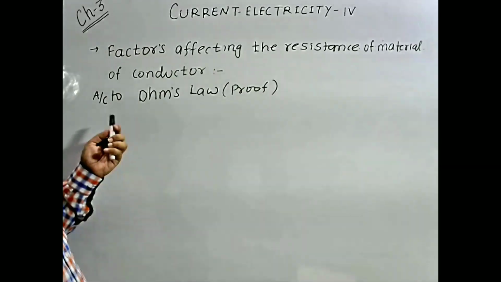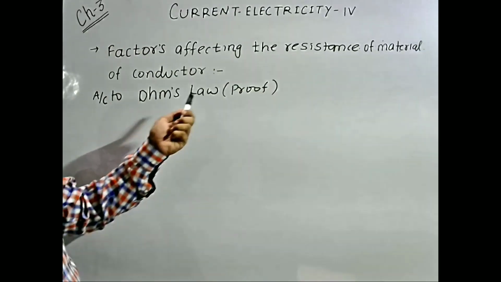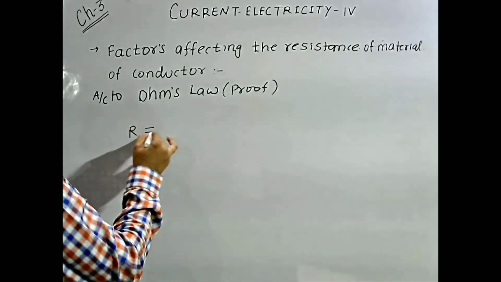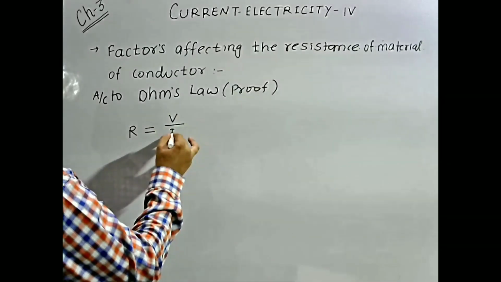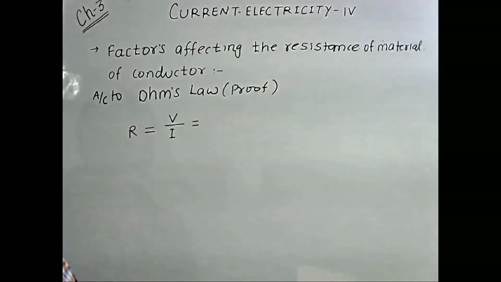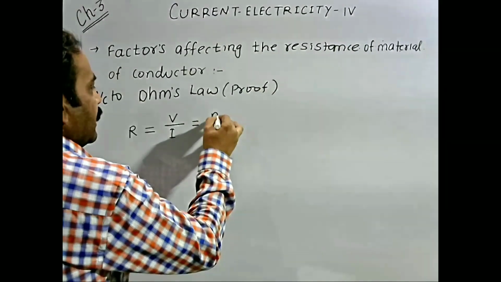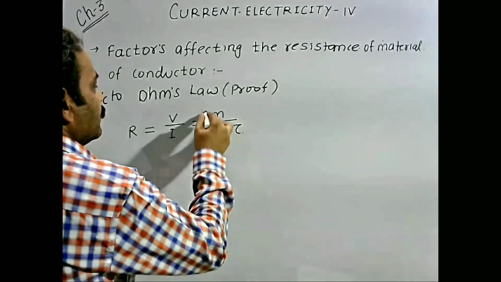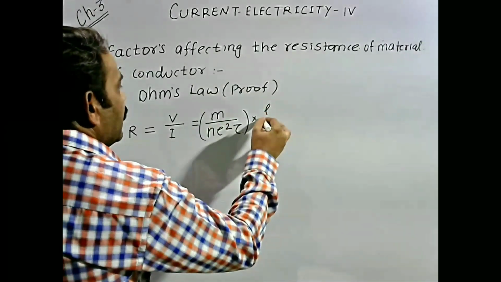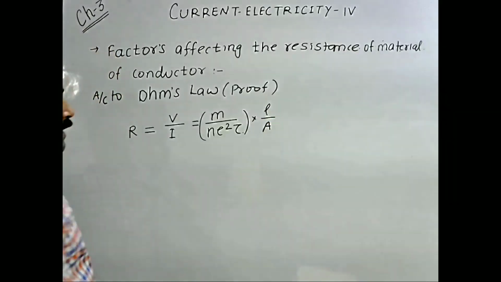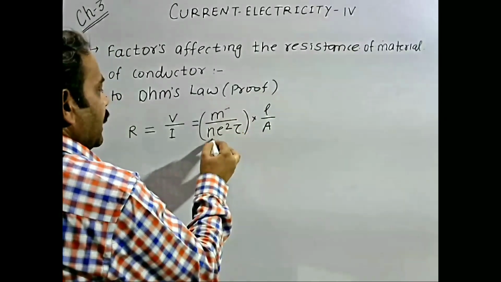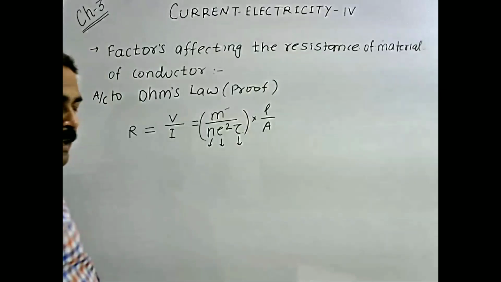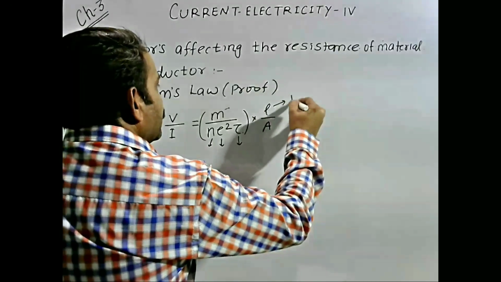Here, according to Ohm's law, we know that the resistance R is equal to V upon I and it is obtained m upon n e square tau into L upon A. As we know that here m mass of electron, n number of electron, e charge on electron, tau relaxation time, and L is length of conductor.